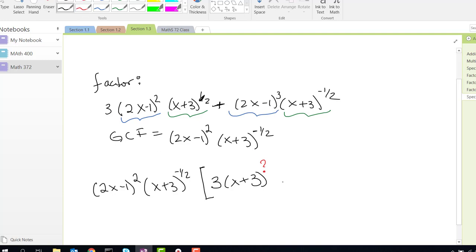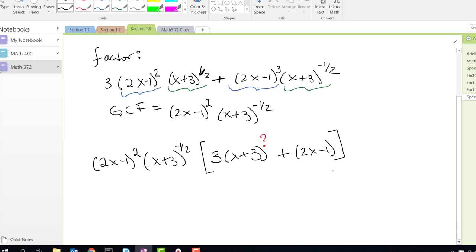Think about that while I keep writing. So plus, now here we took out the (2x minus 1) squared from (2x minus 1) cubed, so we took out two of them, and we're left with 1. And we took out the (x plus 3) to the negative 1 half, so that one is gone. So this becomes our factoring.